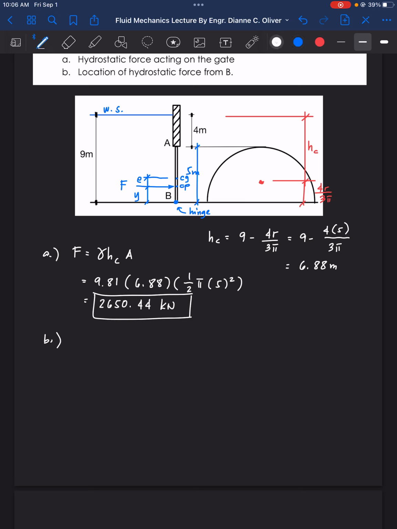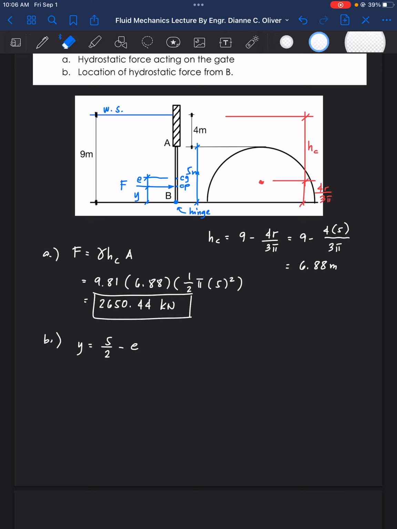So Y here is equal to 5 divided by 2. Of course, this locates the center of gravity, minus the E, the eccentricity E.